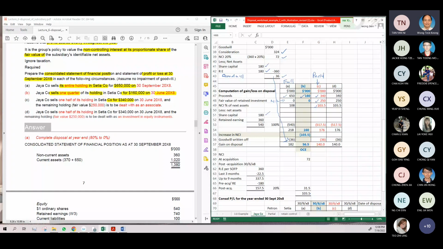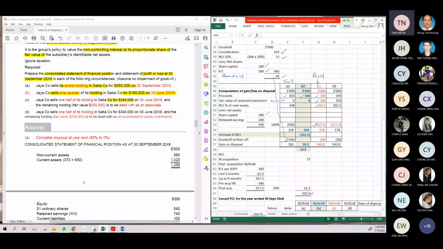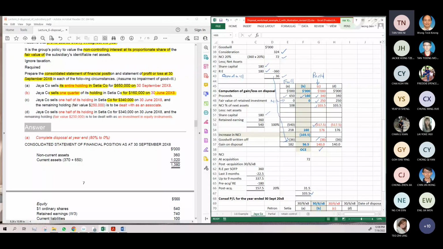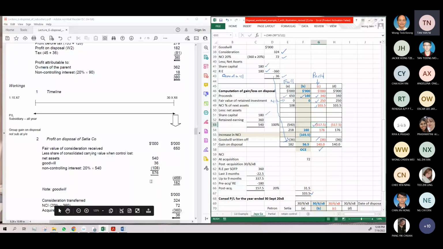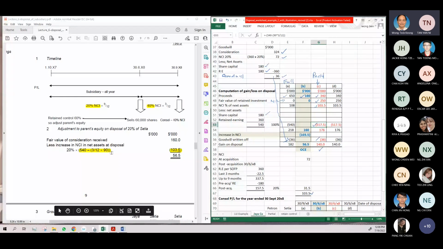You minus your net asset of 517.5, the net asset up to the day of disposal, then you write off your goodwill 36, and you have 140. You can use another method for the net asset: take the 540 and minus the 3 months profit, so that you have the net asset up to 30th June X8.